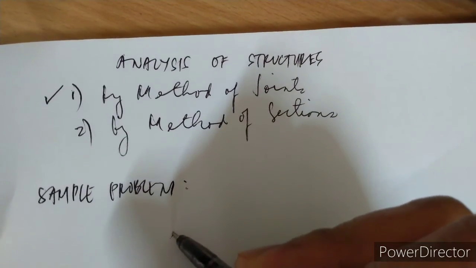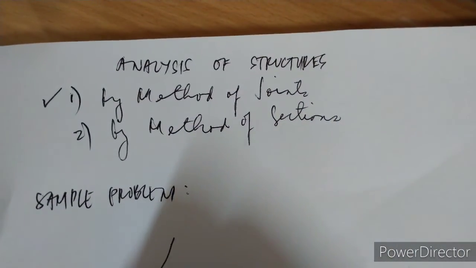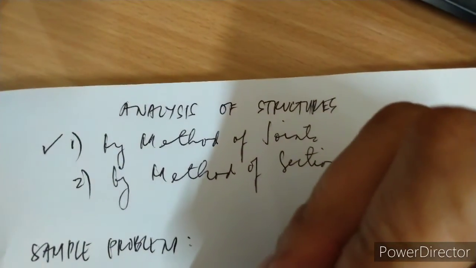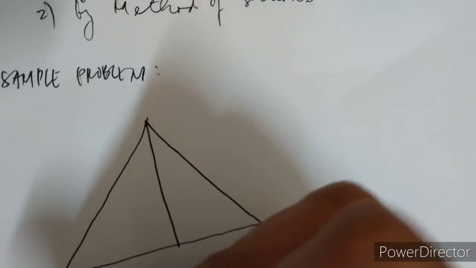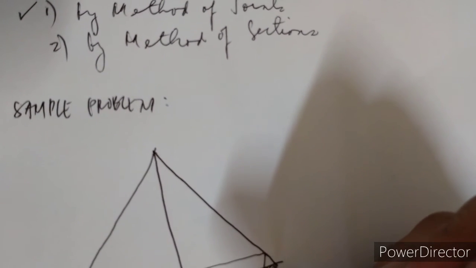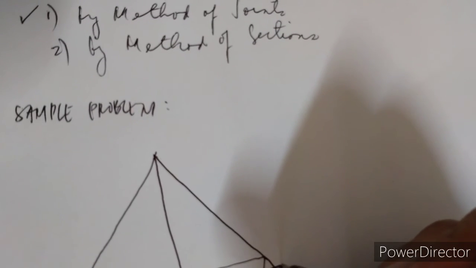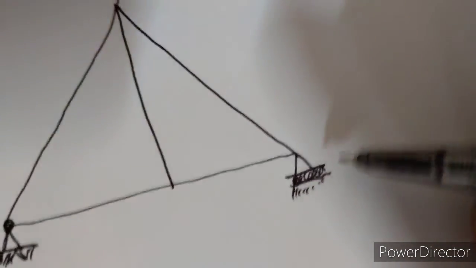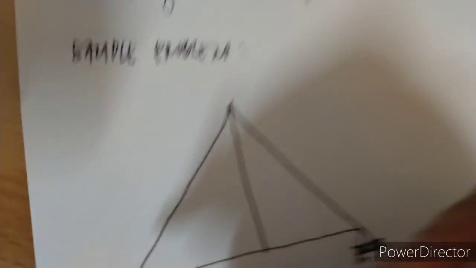Okay, so it is supported by a hinge or a pin at this joint. We also have a support at the other end of the truss with a roller. Okay, this is a roller, and this is a roller, and this is a hinge.